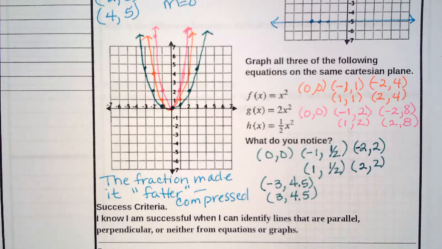Okay. How do you know you're successful? I know I'm successful when I can identify lines that are parallel, perpendicular, or neither from equations or from graphs.